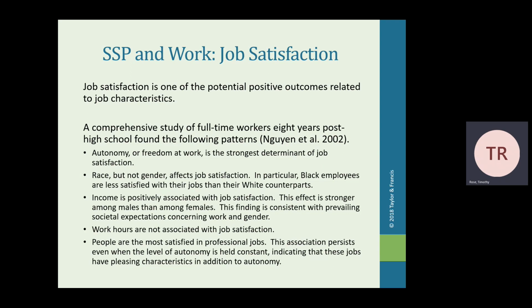They found that race, but not gender, affects job satisfaction. In particular, Black employees are less satisfied with their jobs than white employees. So we find that within a proximate context, the society-spanning system of stratification that is race has an impact, although the manner by which it has an impact is not necessarily explored in this study.